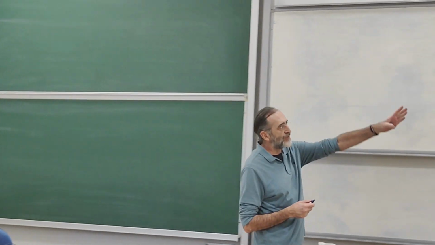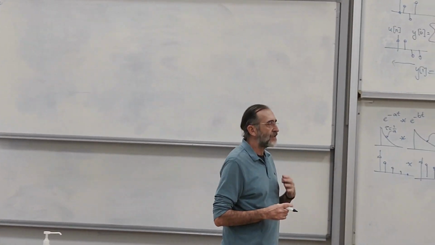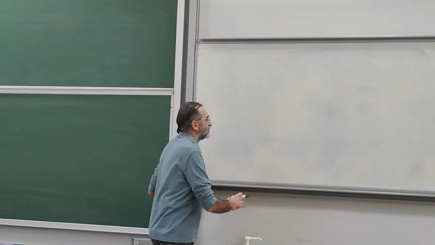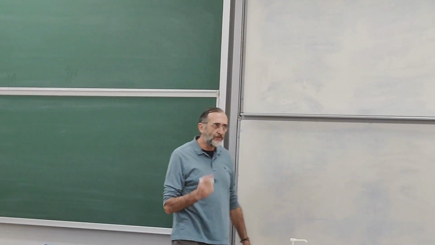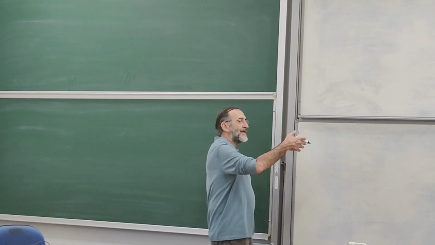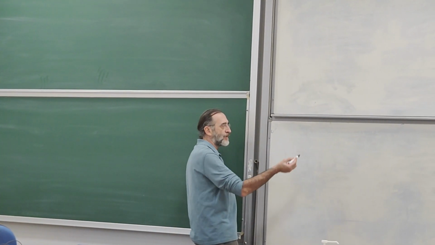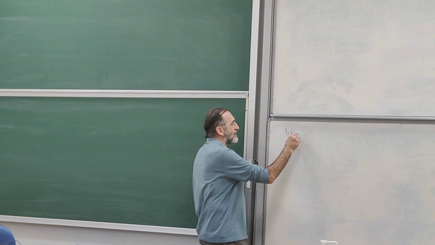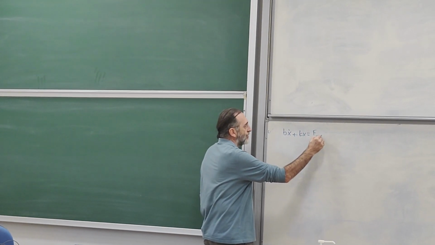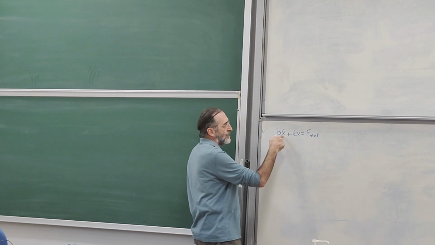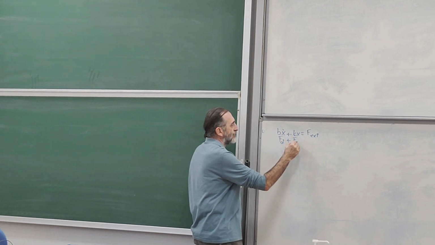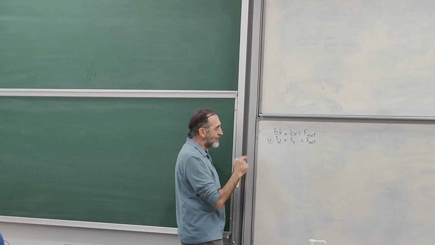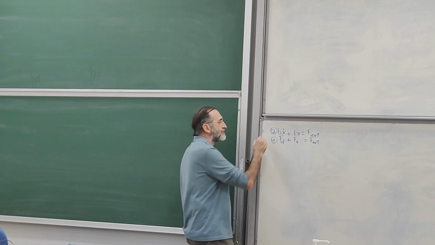Now, having said all this, we can go into the discrete system analysis. What we have done with the continuous systems is first, we represented them with a force balance. For example, what did we say? c x dot plus kx equals F external. This was the force of the damper plus the force of the spring equals F external. Okay? First you do this. Then you turn this into a differential equation.